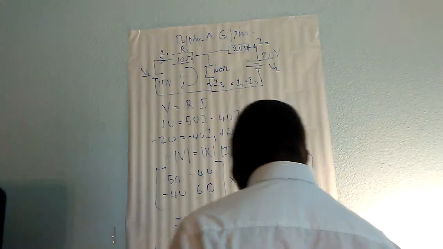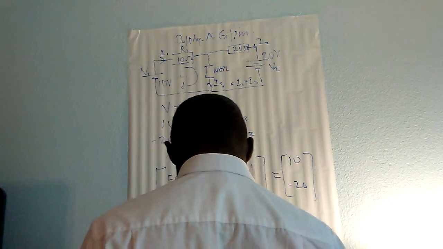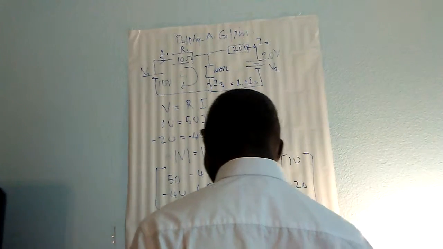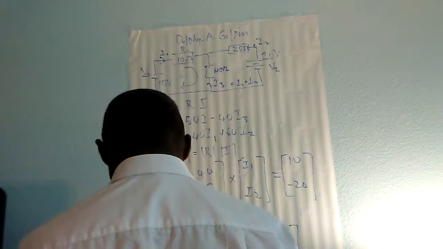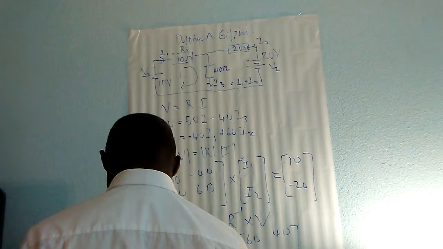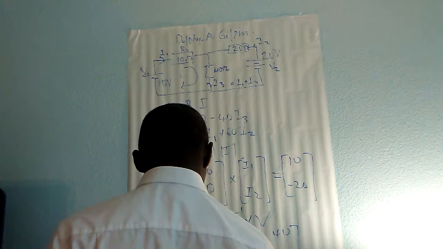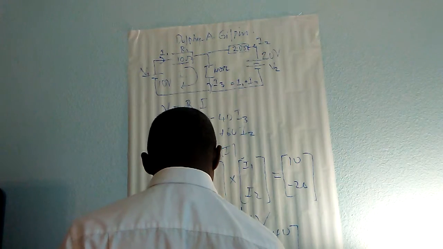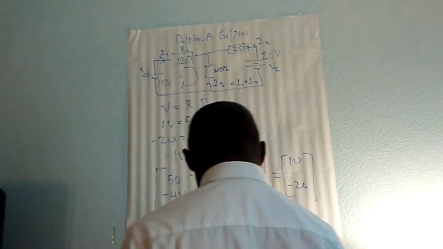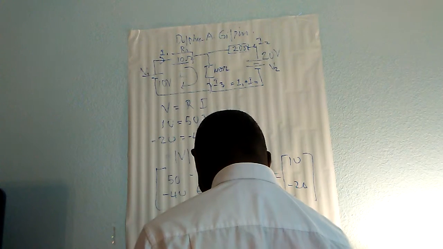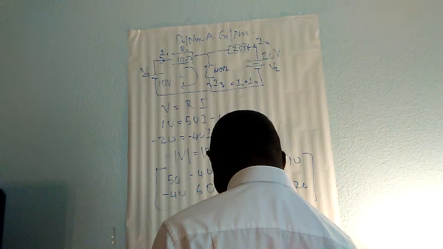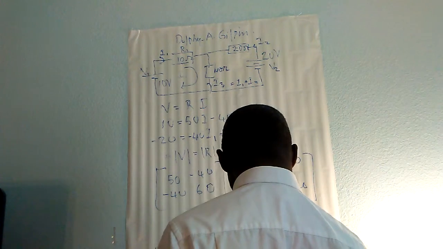Or we know that R inverse would be equal to 1 over 1,400 times 60, 40, 40, 50.